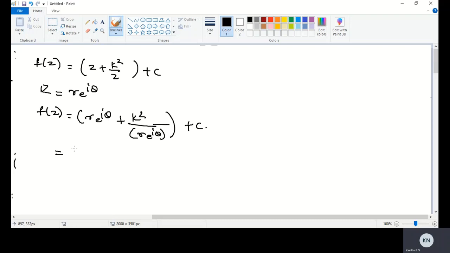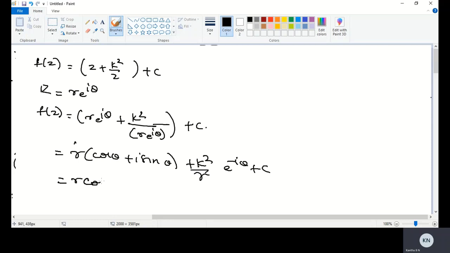What will we get here? Observe here, e to the power of iθ is cos θ plus i sin θ. Then plus k square by r e to the power of minus iθ, plus c.